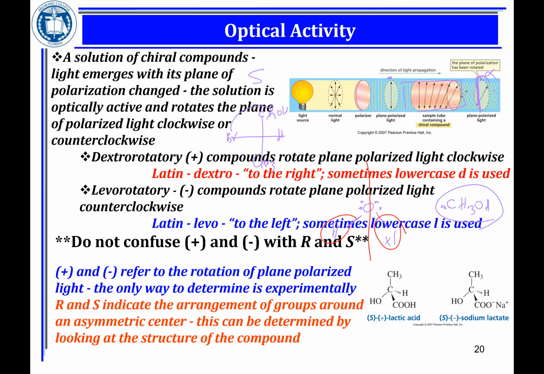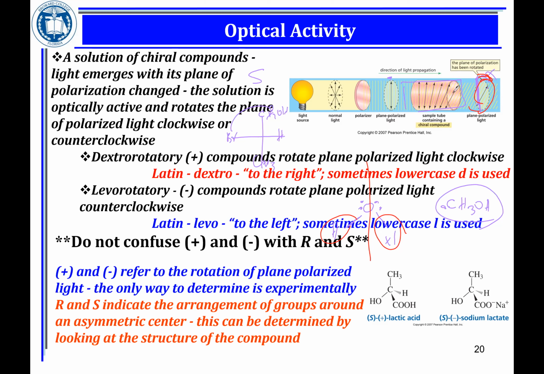But the compound that you add to dissolve in methanol, if it's chiral, will rotate this light. And the degree of rotation can be measured by rotation of the movable filter to align with the new direction of the light.